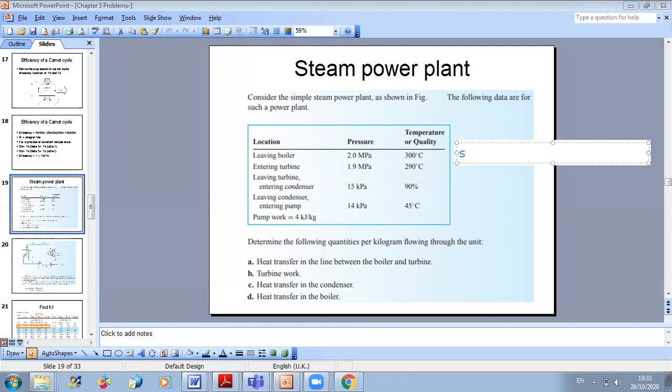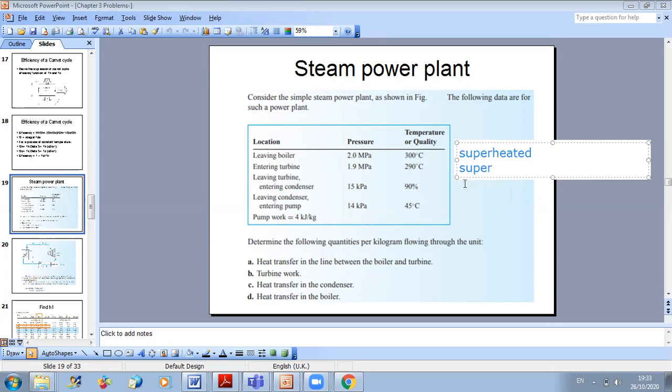So always when entering the turbine, I should still be in the superheated region to work well. So I will assume that leaving the boiler and entering the turbine, I have superheated states, and I will verify this because I know the temperature and the pressure.